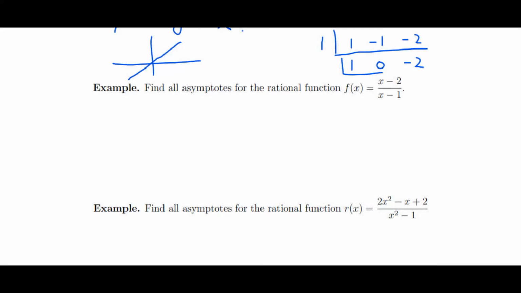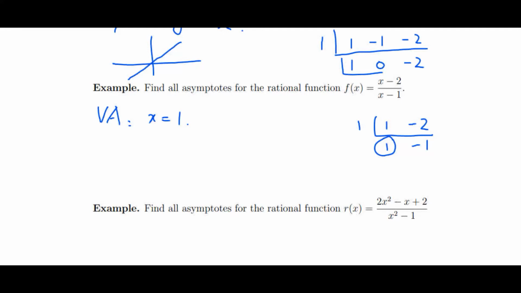Okay. So for this function, to find the asymptotes, again at first we need to check the vertical asymptote, which is x equals 1, right? The other asymptote is the quotient part. If we regard this as a division, the quotient part is, let's say, 1, -2 divided by 1. First, one pulling down, 1, 1, -1, right? So this is the quotient part.